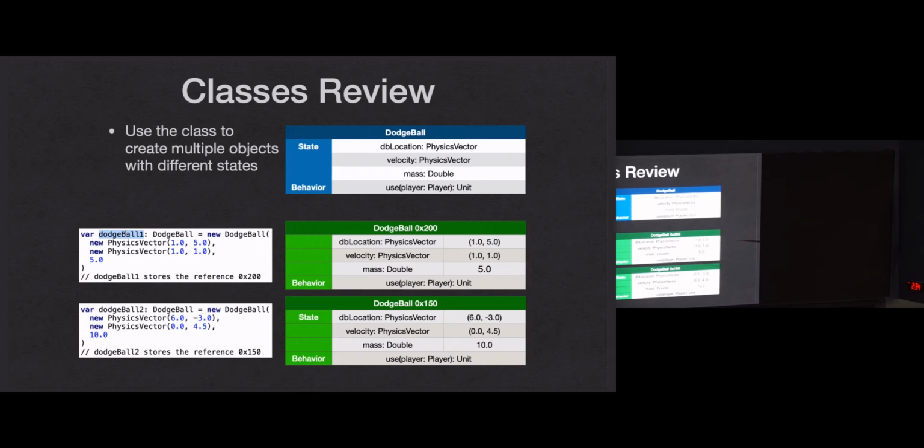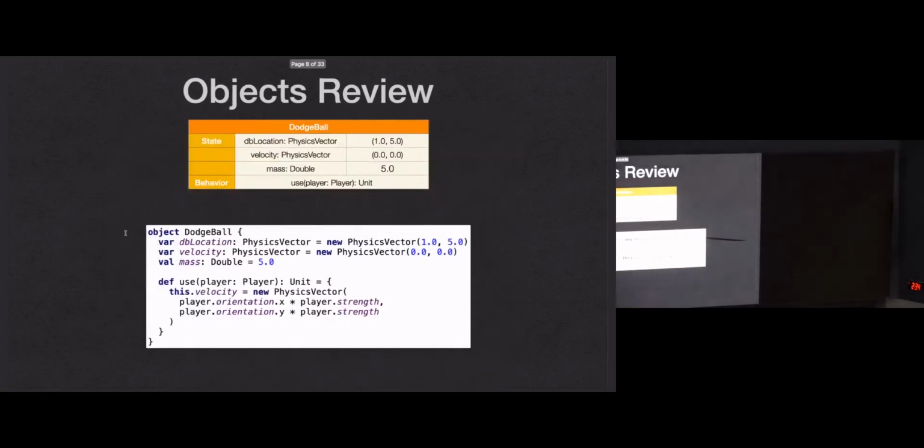What class does the dodgeball object belong to when the dodgeball class is not defined yet? So we wouldn't use the dodgeball object, like object dodgeball. Maybe that wasn't completely clear in the lecture, but we wouldn't use this.